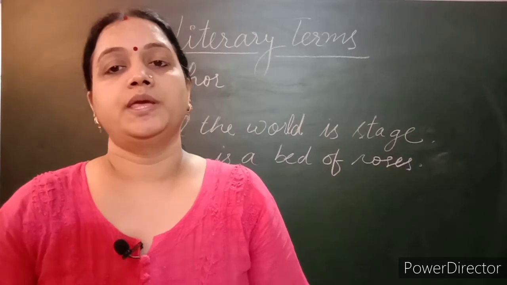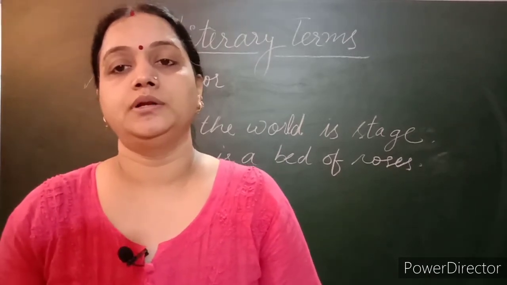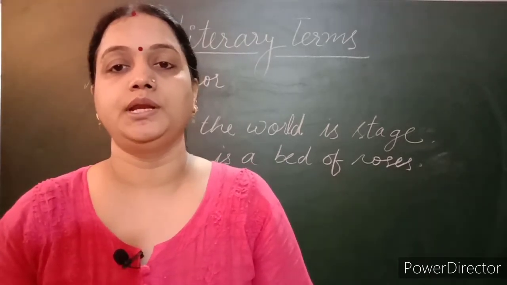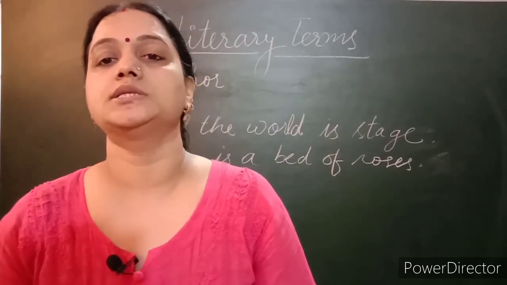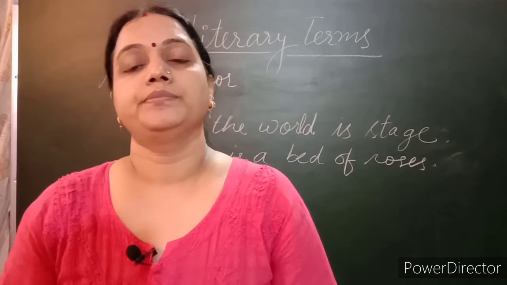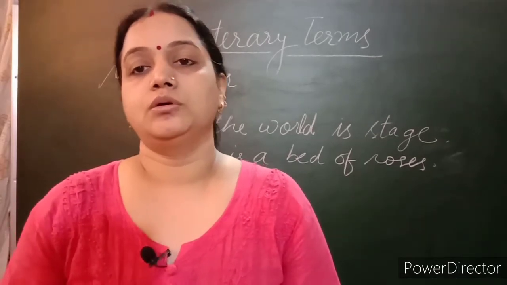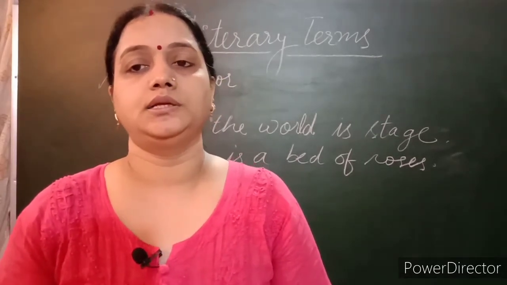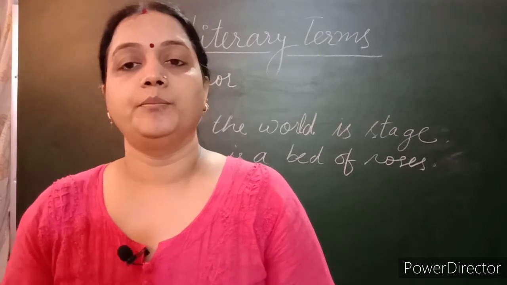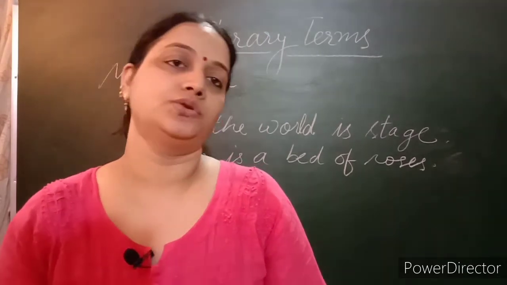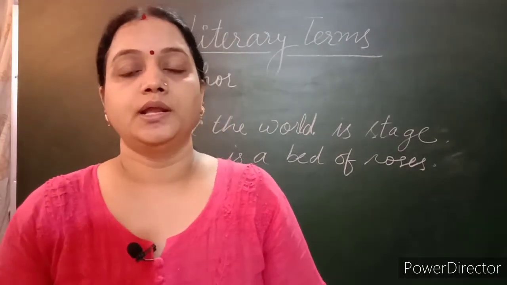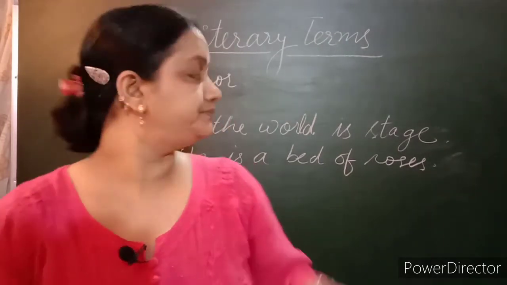Figuratively speaking, in a metaphor the literal meaning of a word denoting a thing, quality or action is applied to another in the form of a statement of identity instead of a comparison. The words like and as are not used in metaphor. The following examples are here.